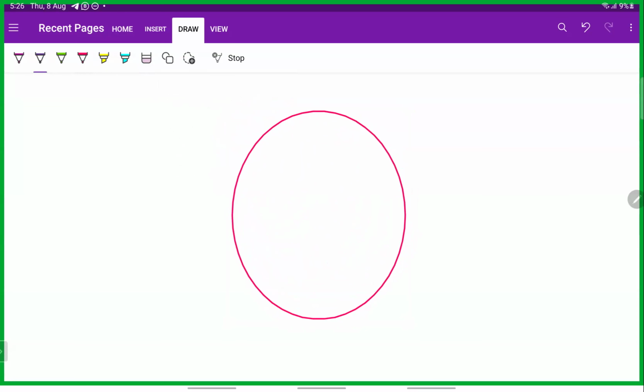So this is the pie graph. So this is the center of the pie graph. Okay.